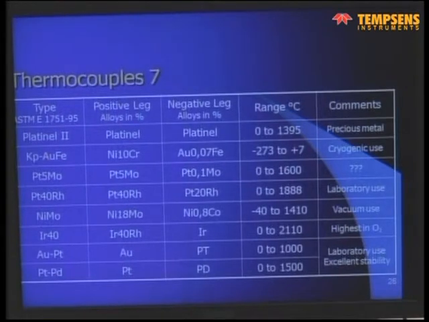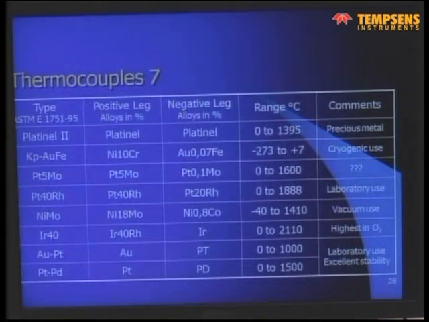There are a number of other thermocouples which are sometimes used, very seldom, at extremely high prices, but they are used. Platinum 2, for example, is a precious metal thermocouple with high stability and less drift effects, and it has exactly the same characteristics as type K elements.